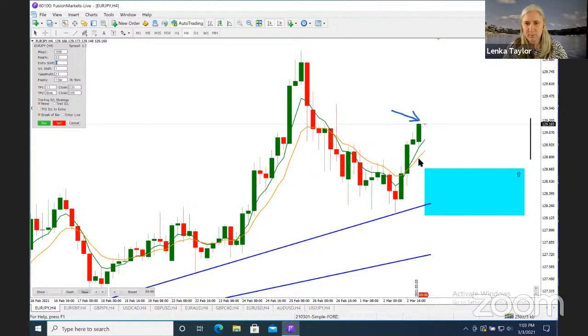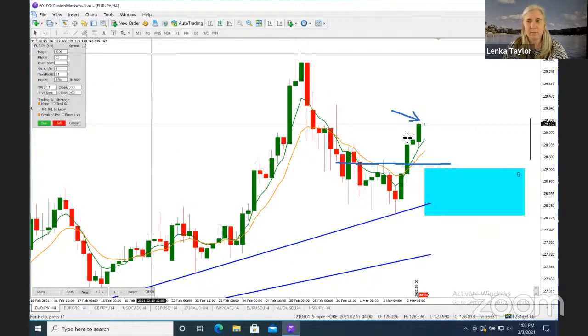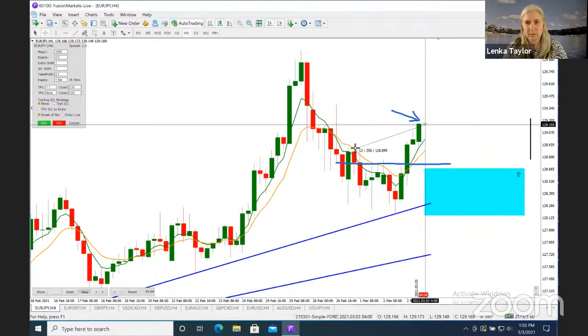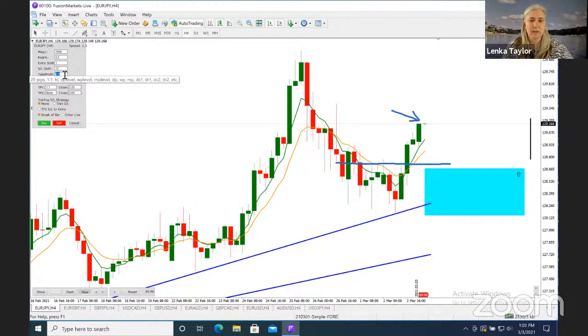And my stop loss, I'd like the stop loss to be about here. How many bars is that? Under this bar here, that's 15 bars. So I will put the stop loss under the 15th bar. I will do a take profit at 3 to 1.